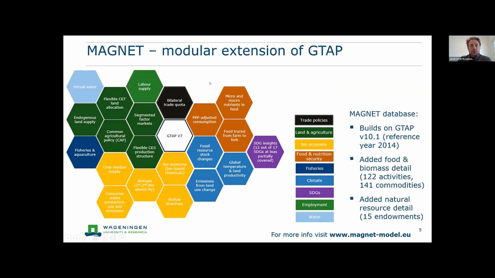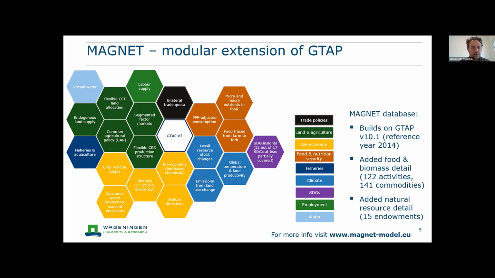Okay, so we're looking at these alternative diet scenarios with the MAGNET model. It's our in-house extension of the GTAP model at Wageningen University and Research. Anyone familiar with GTAP, of course, has an intuition of what's happening with MAGNET, because MAGNET is essentially GTAP with a whole bunch of bells and whistles.